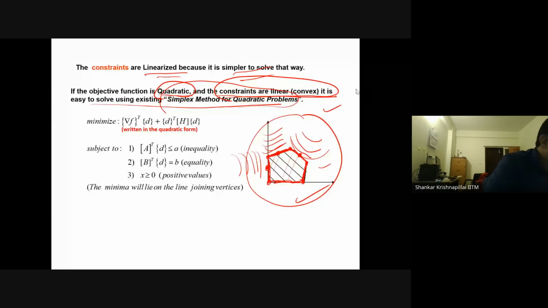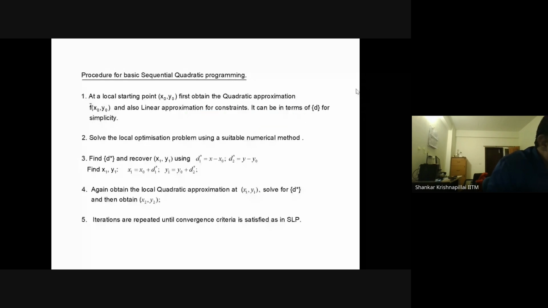Then the procedure for basic sequential quadratic programming. First, a local starting point x0, y0 has to be selected inside the feasible region. The objective function is converted to a quadratic approximation, and the constraints are converted to a linear approximation. It can be written in terms of d for ease of hand calculation. Then solve this local optimization problem and find d1 star and d2 star.